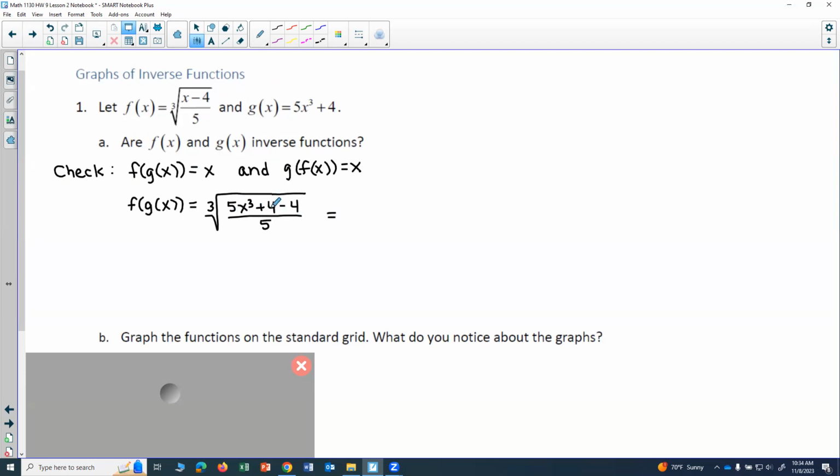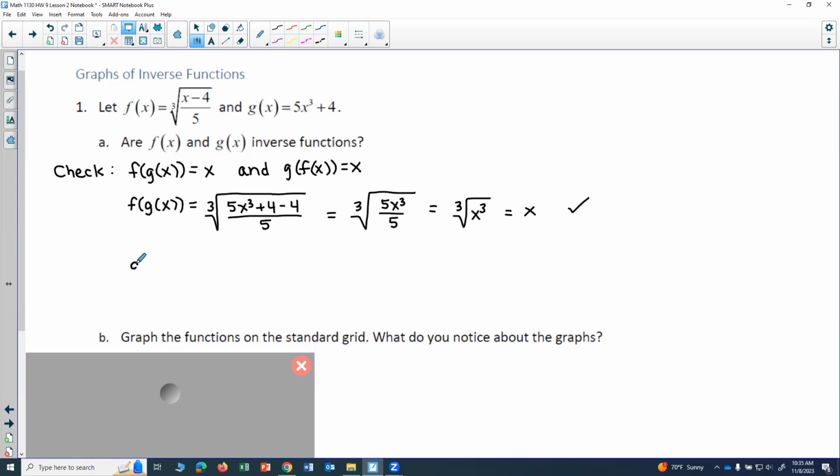So the 4 minus 4 cancel each other out, so I end up with the cube root of 5x cubed over 5. 5 over 5 becomes a 1, and so I have the cube root of x cubed, and a cube root and a cube undo each other, and so that would just give me an x. So that one checks out.